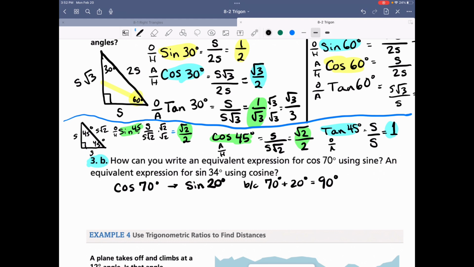And an equivalent expression for sine of 34 would be the cosine of, let me think, 90 minus 34 is 56, because 34 plus 56 equals 90.